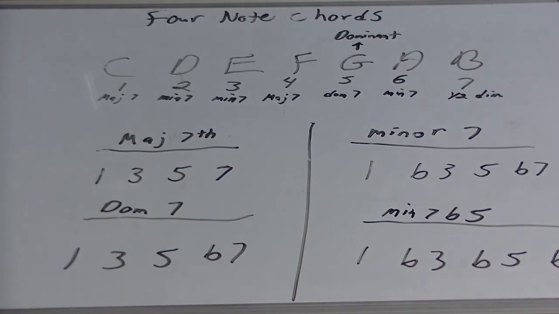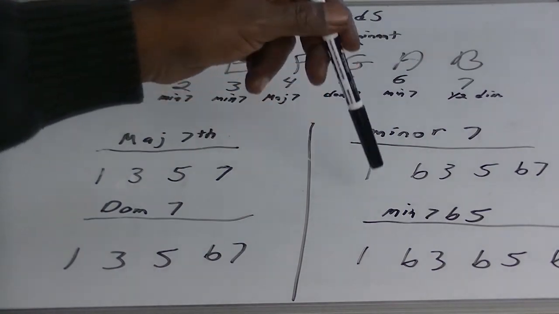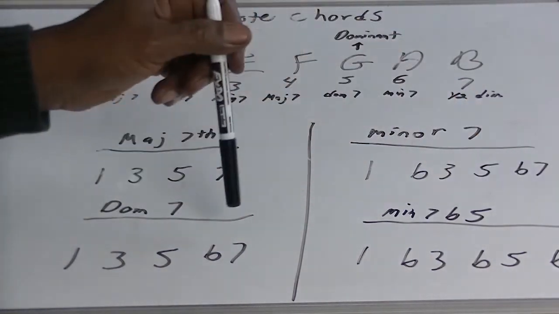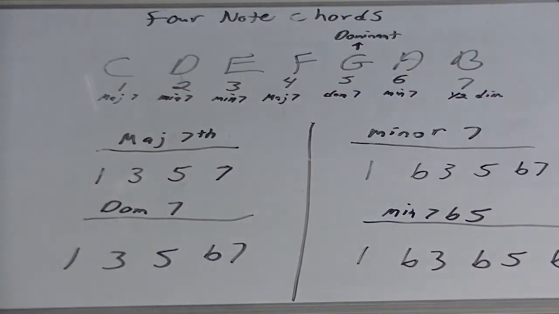So now we can see these chords side by side. One observation that I can make is, with the exception of the major 7th chord, all these other chords contain the flatted 7. The differences between these chords are in the 3rd and the 5th.